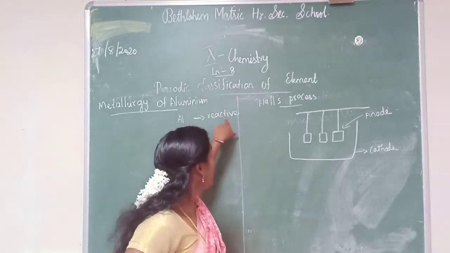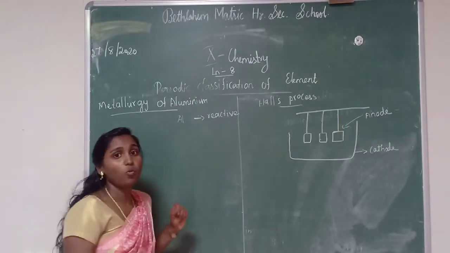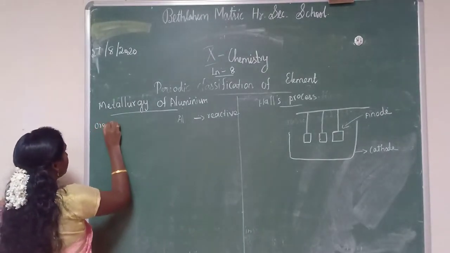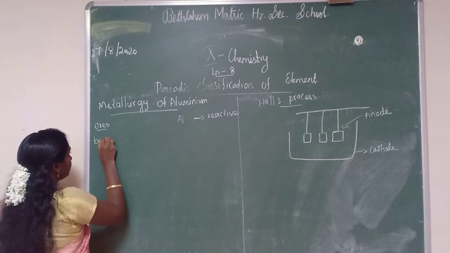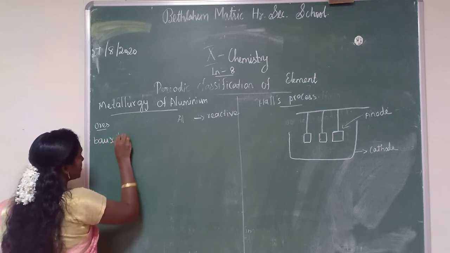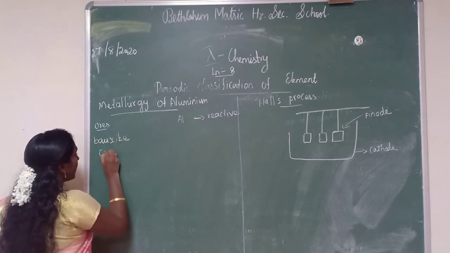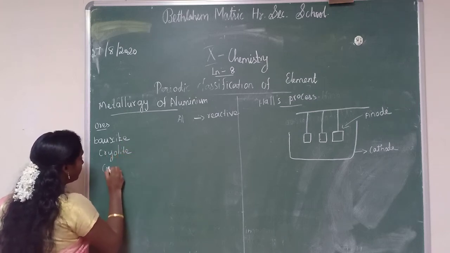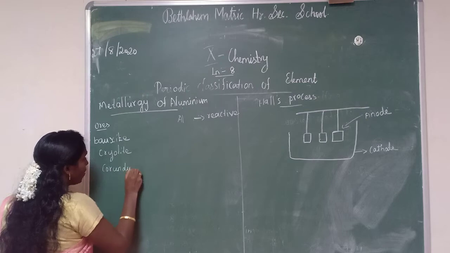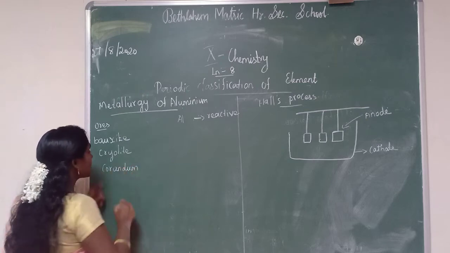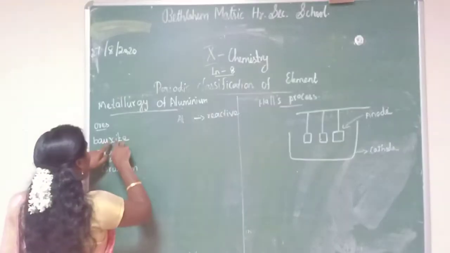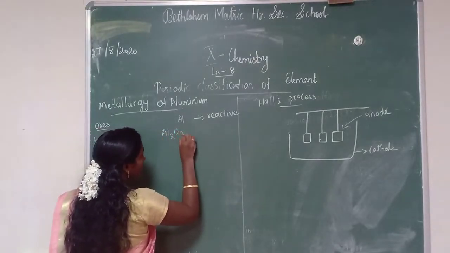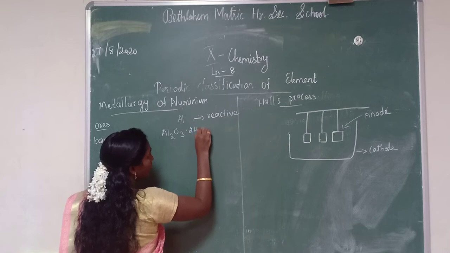Next we are going to study the ores of aluminium. It has 3 ores: bauxite, cryolite and corundum. Formula of bauxite is Al2O3 2H2O.